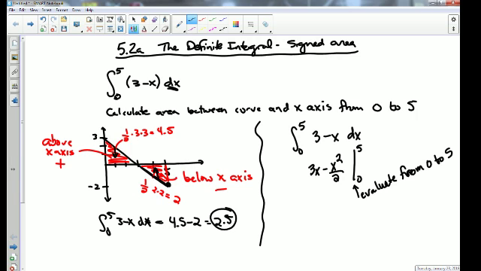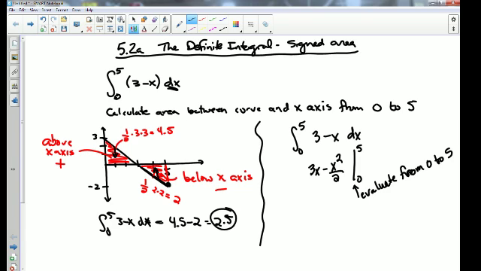Since there are numbers here, the plus C is gone. The plus C is for an indefinite integral, with no numbers. Now we have a definite integral, we don't need plus C.